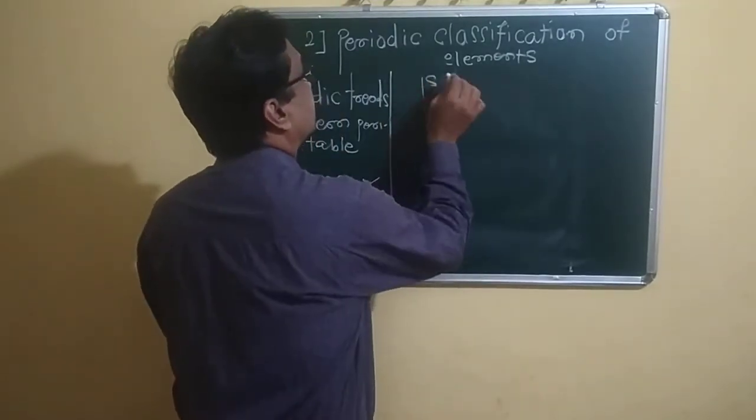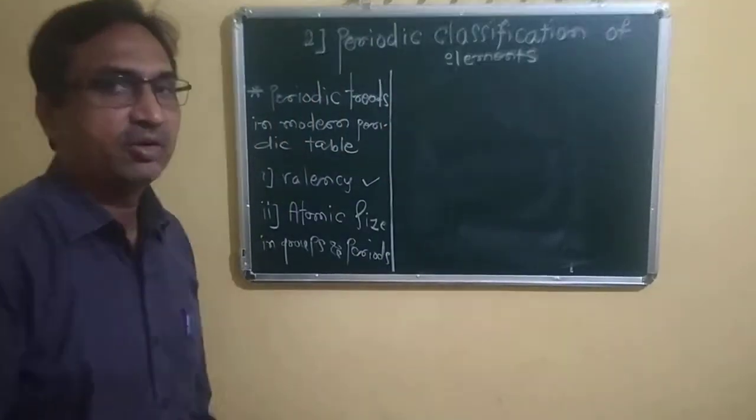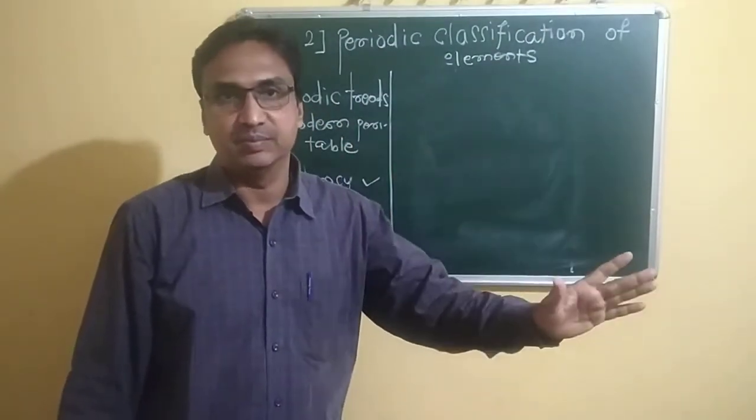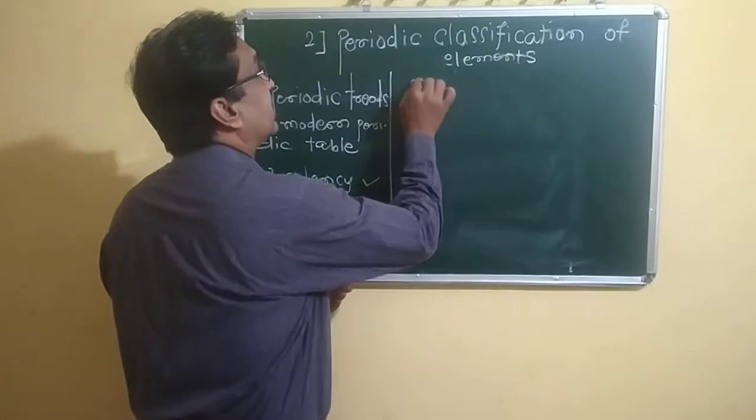In the first period, we are not taking it because in the first period only 2 electrons are there, so 2 elements are there, hydrogen and helium. So we have taken the second period.